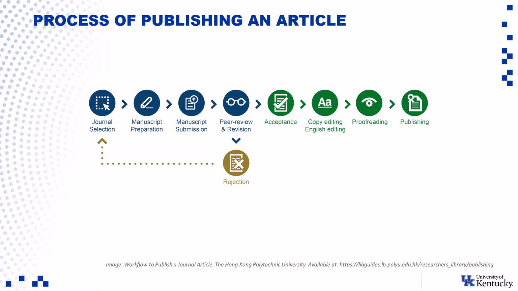Once you submit your paper, if the editor thinks that it has potential, they will give it to 2 to 3 experts to judge the validity, the significance, and the originality of your work. After peer review, you'll receive advice from the editor and the reviewer so that you can make careful revisions. And once the article is finally accepted, copy editing is completed and proofs are created. You'll also sign a publishing agreement.